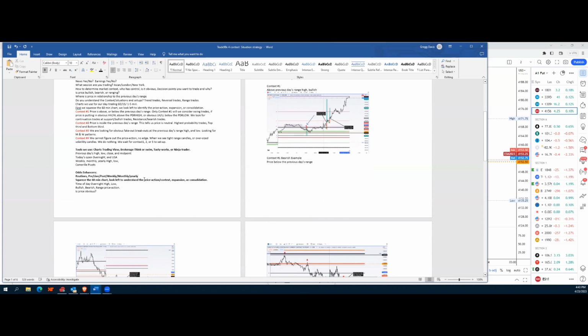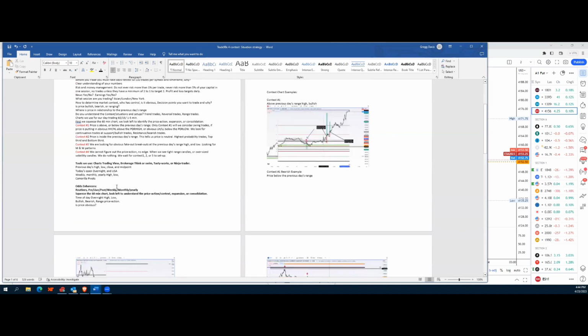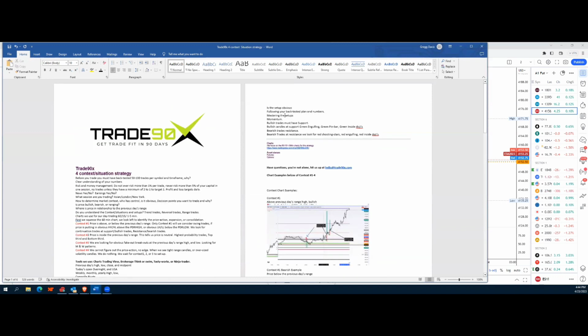Again, I talked about squeezing up the 60-minute chart, which I'll show you. And then again, identifying time of day, overnight high, low. If there's an overnight high low in the Asian and London session, I want to add those. Again, bullish, bearish, or price action. Is price obvious? Okay. Is the setup obvious?